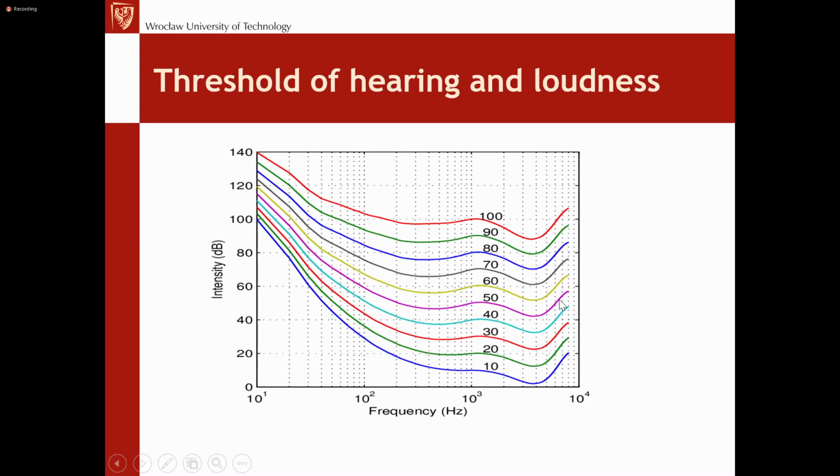As you can see, from lower frequencies up towards the higher frequencies, we have very different values of sound pressure which cause the same sensation of loudness in comparison to 1 kilohertz.